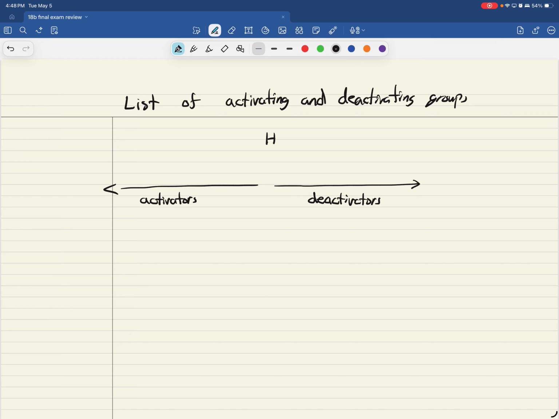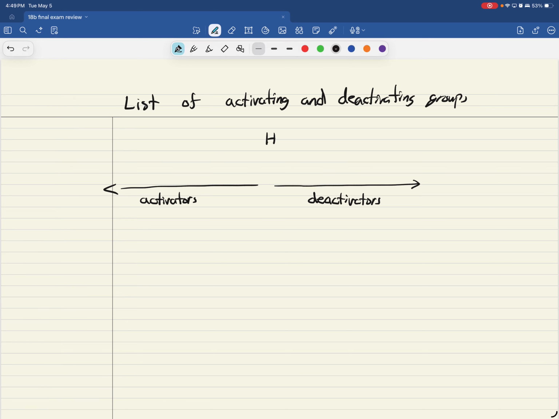All right, what's the strongest deactivator? Oh, the nitro group.